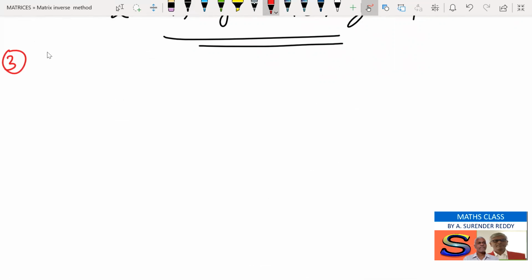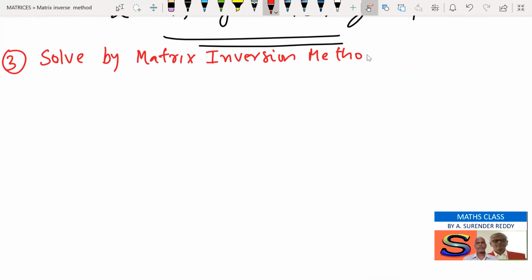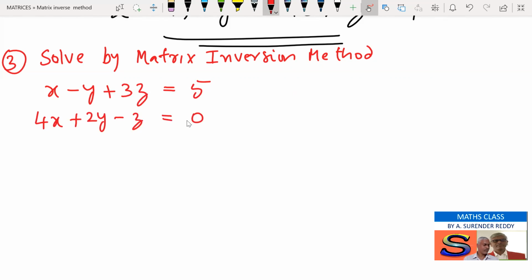Solve the given equations by matrix inversion method. x minus y plus 3z is equal to 5. 4x plus 2y minus z is equal to 0. Minus x plus 3y plus z is equal to 5.